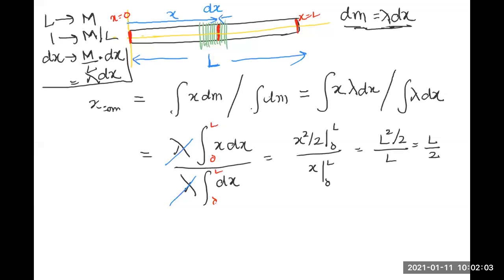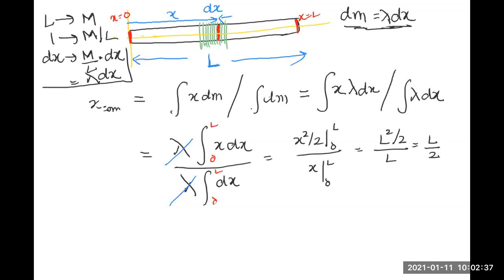Once you have located the element, all you have to do now is introduce a new variable, because ultimately the location of the element that you have chosen is arbitrary, right? By definition, you can't choose that element which is located at L by 2 or L by 4 or 3L by 4 or 3L by 8. No, it must be arbitrary.